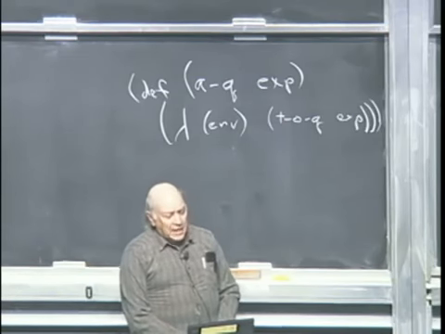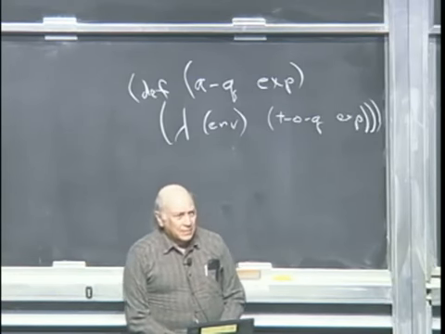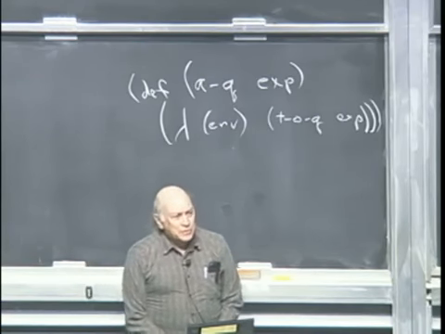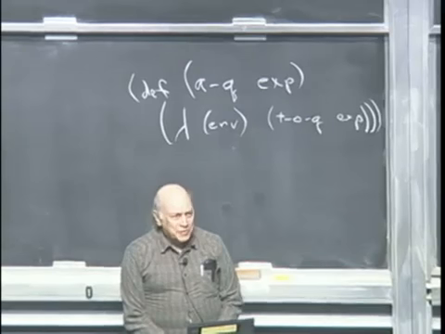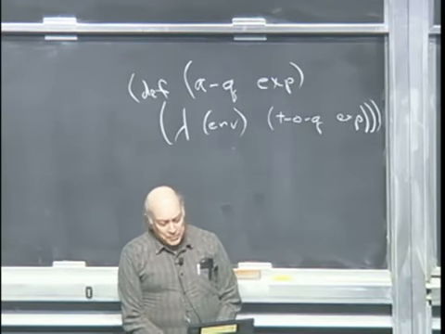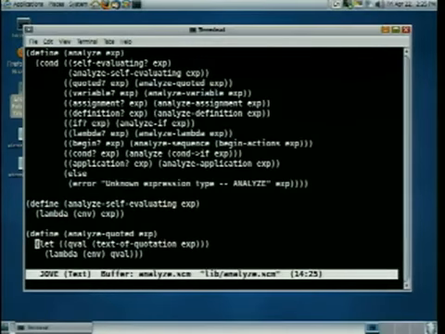What does this let buy us? It isn't very much that it buys us in this case, but looking at the simple cases will prepare you for the more interesting cases that are coming up. What this let buys you is that we only have to pull out the cadr of the expression once. If we did it the way I wrote behind me on the board here, every time we eval this quoted expression, we would have to take cadr of it.